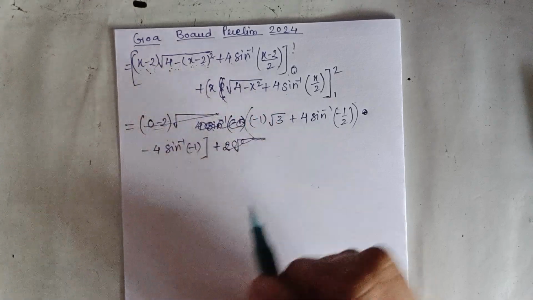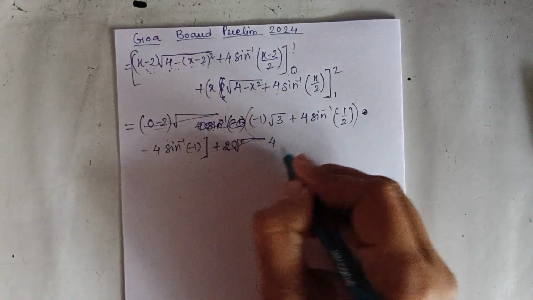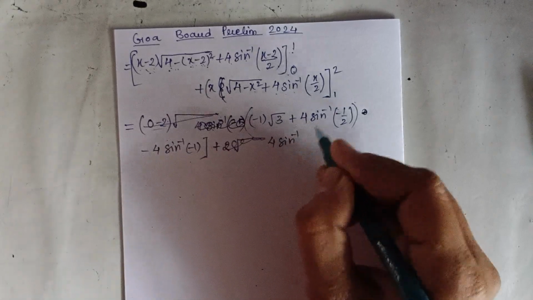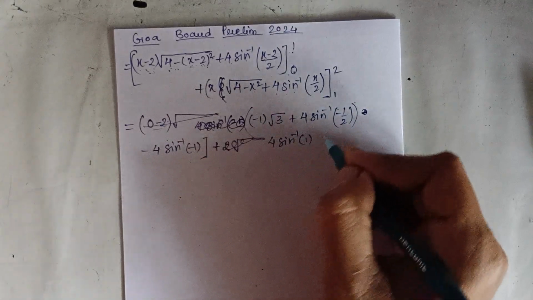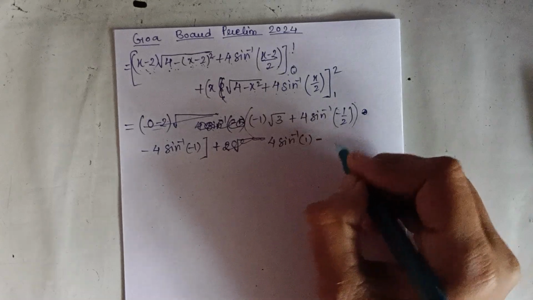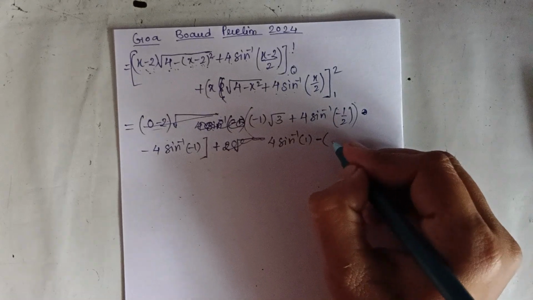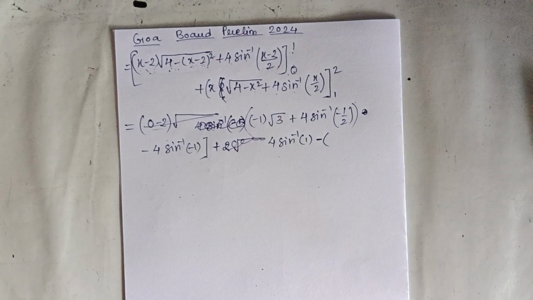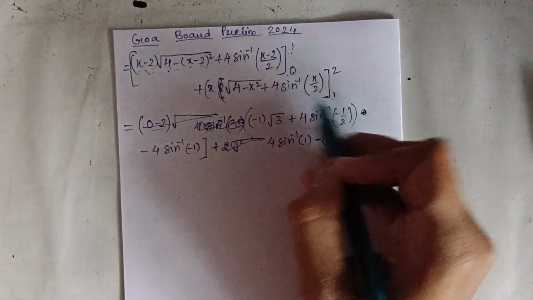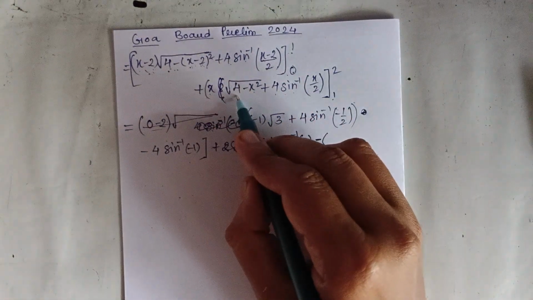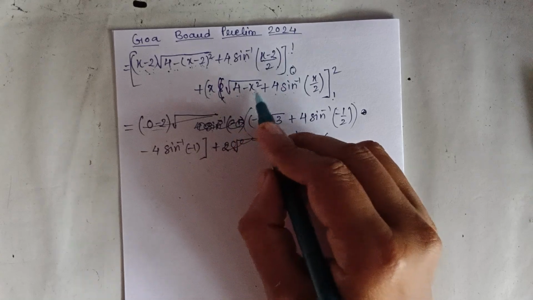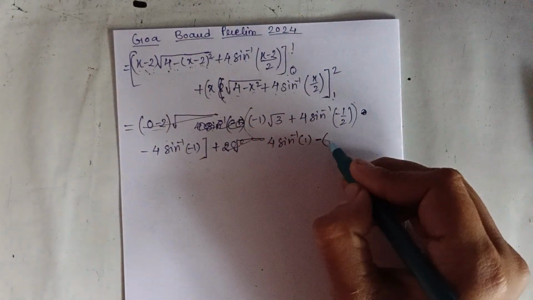So this term is 0. 4 sine inverse of 2 by 2, which is 1, minus 1, 4 minus 1 the whole square. So this is root 3.